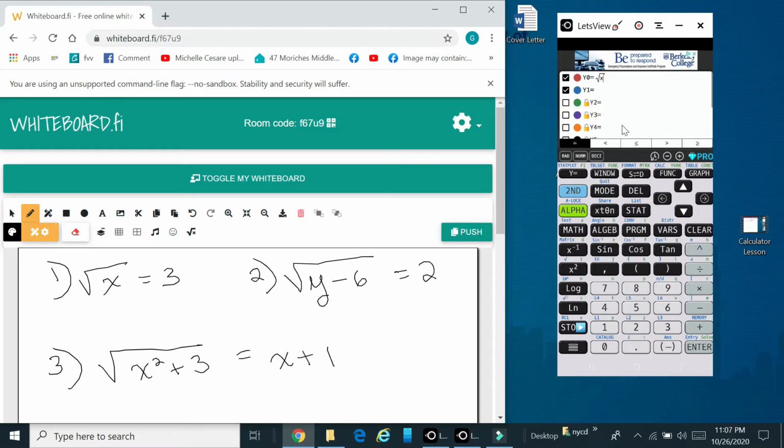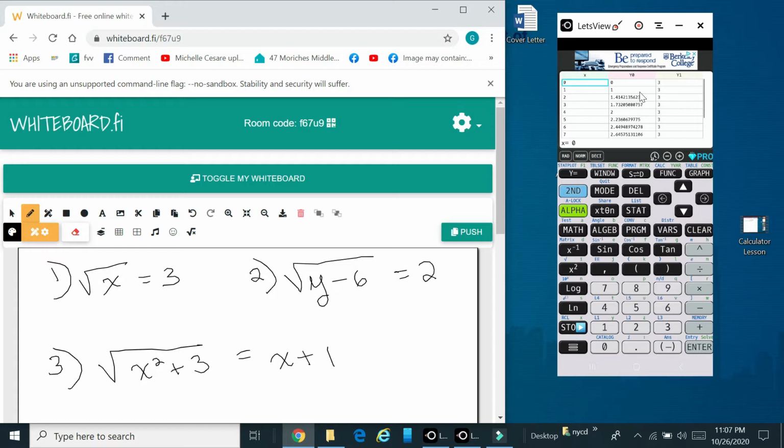And now where it says y1 equals, you just tap it there and it's blinking, and you just hit 3. And then you hit second function, and where it says graph, you hit graph.